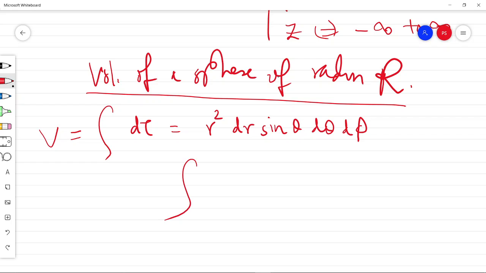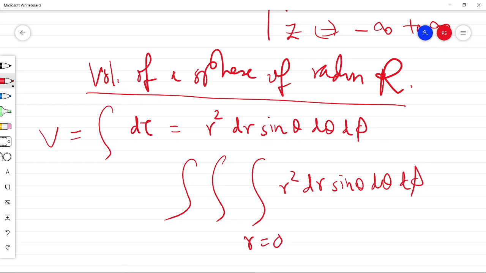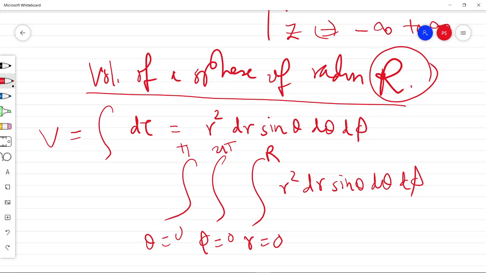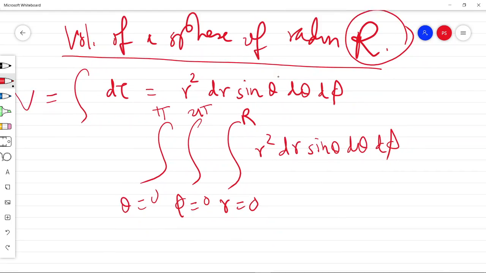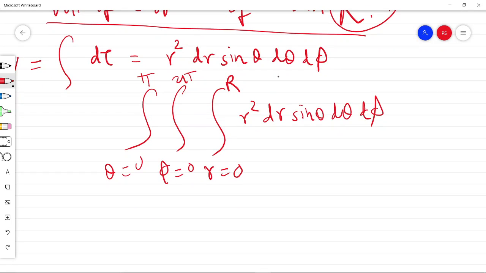So the integral of this is r square dr sine theta d theta d phi. R runs from 0 to capital R, which is the radius of the sphere. Phi runs from 0 to 2 pi, and theta runs from 0 to pi. These are the typical limits. So these limits cover the entire sphere centered at origin.